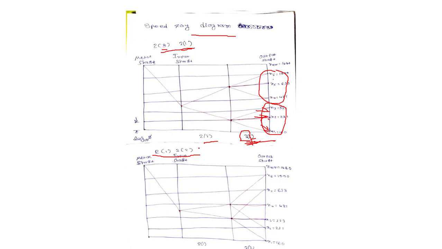Now next is 2 3. 3 is the gap and 2 is the group. For the intermediate shaft, first we have to find the middle point. Here we are neglecting the line of the motor shaft, so we have three horizontal lines.